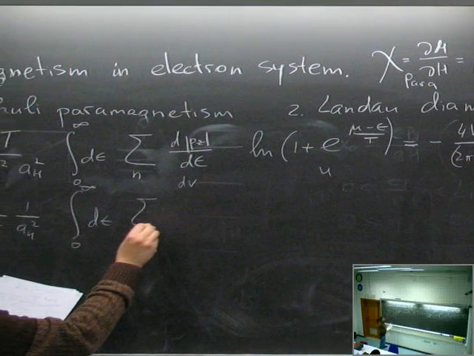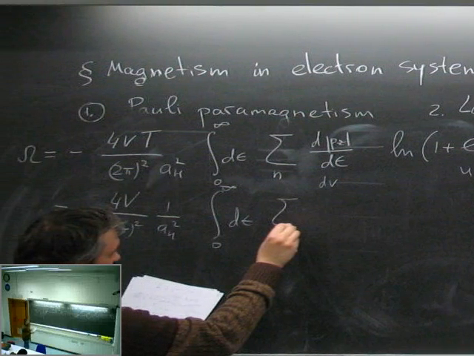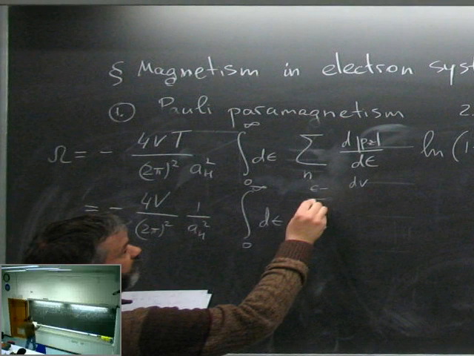epsilon minus. You remember that h omega_c over 2 is mu_Bohr times magnetic field.